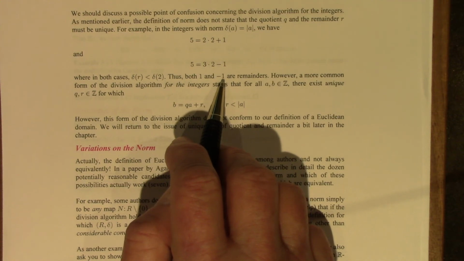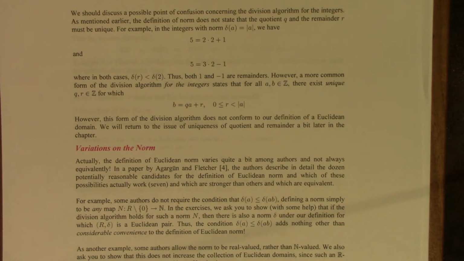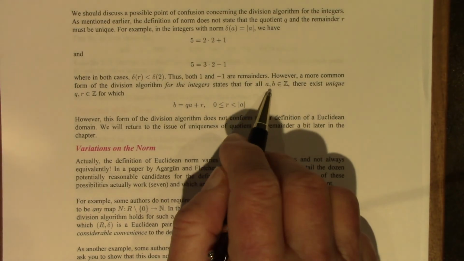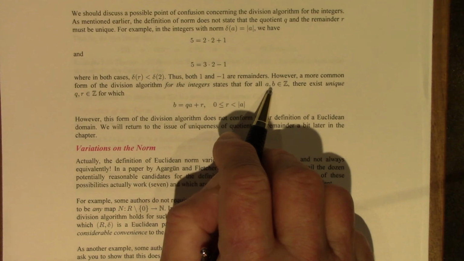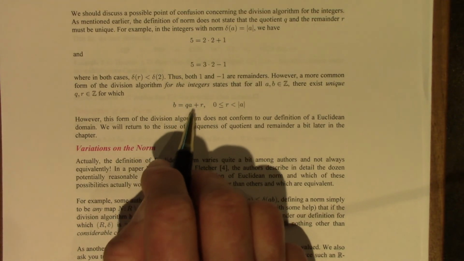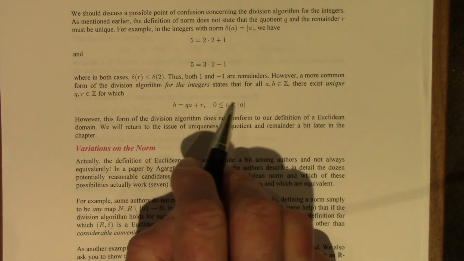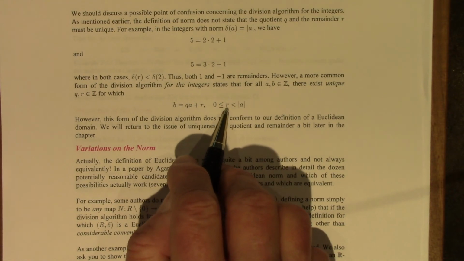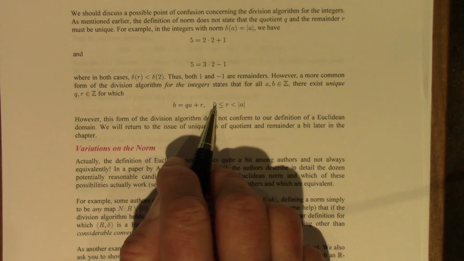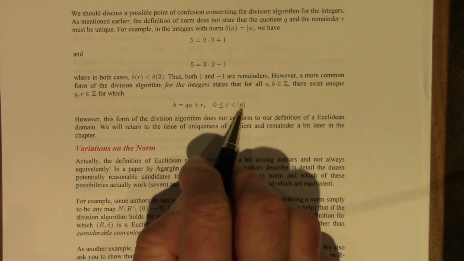However, for the integers, a more common form of the division algorithm states that for all integers a and b, there exist unique q and r for which b equals qa plus r, where r lies in this range. So this says a little bit more about remainders. It says they're either 0 or positive and less than the norm of a.